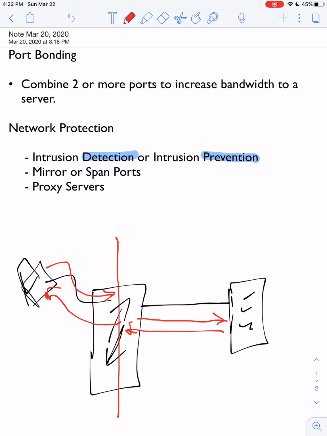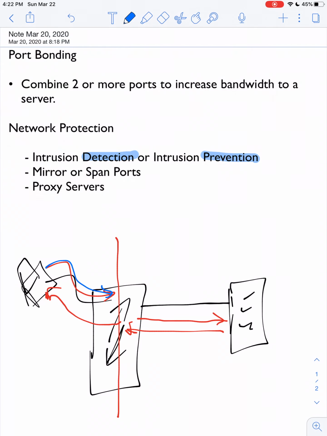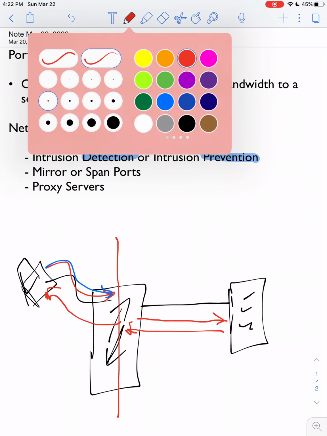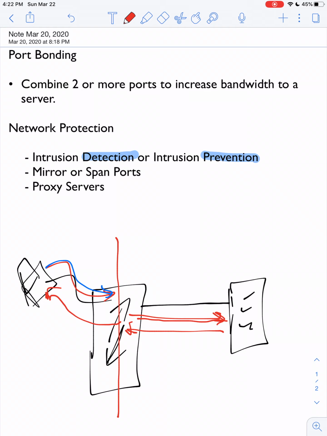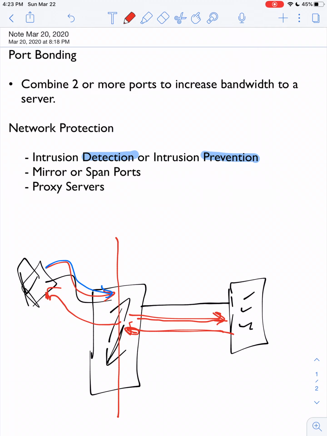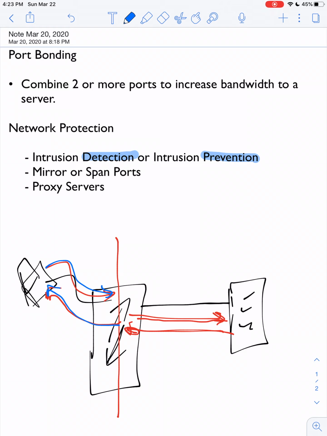So the workstation never actually communicates directly with the server. Again, the workstation communicates to the proxy, the proxy then makes that communication here, the response comes back to the switch or the proxy, and then the proxy responds back to the workstation.